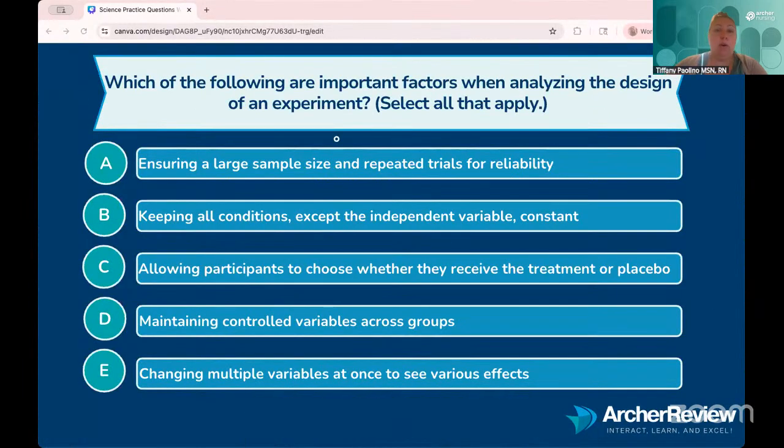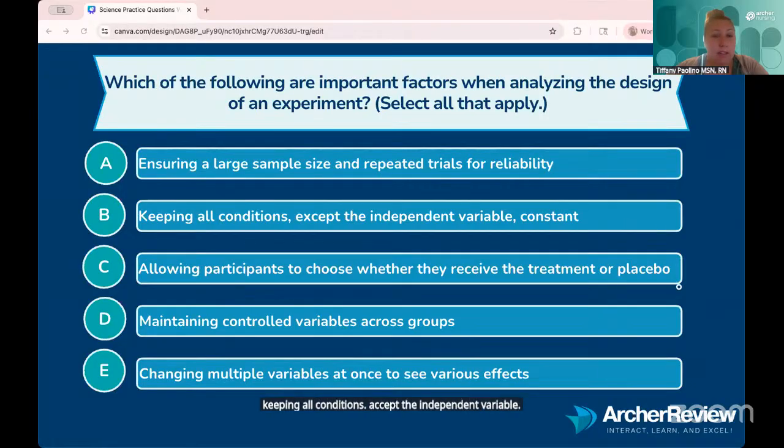Which of the following are important factors when analyzing the design of an experiment? So analyzing the design of the experiment. This is a select all that apply. So think about what is true about the design when you're analyzing the design of an experiment. Ensuring a small sample size and repeated trials for reliability. Keeping all conditions except the independent variable.